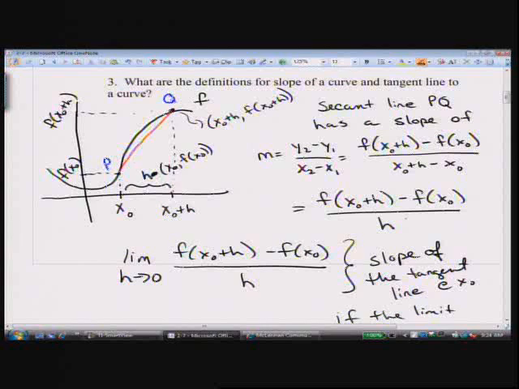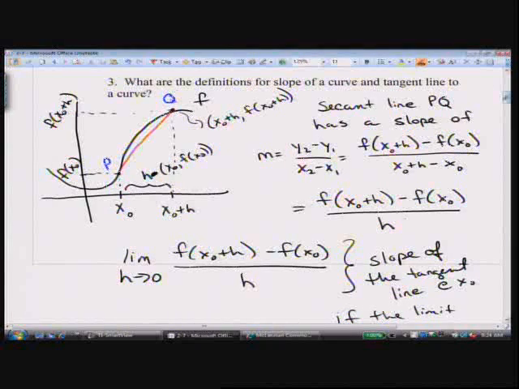You may have seen it with an a or an x plus h, f of x plus h, without the x naught. The x naught here is just telling you it's a specific point, like 2 or 7 or 12. When you just talk about f of x, you get a function called the derivative, which gives you the slope of the tangent line at any point.